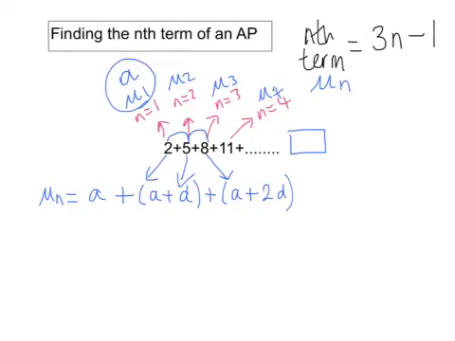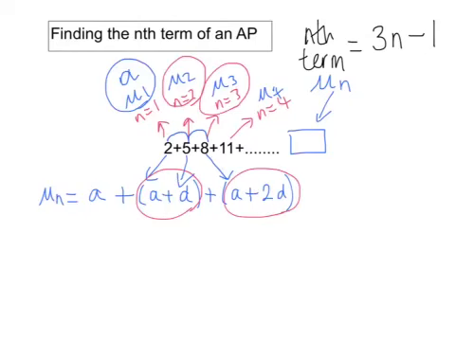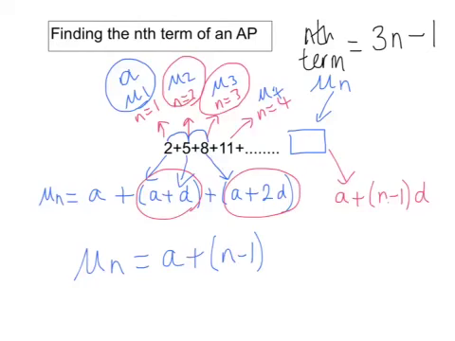So if I'm interested in this very last one, this nth term, if we have a look at the pattern, the first term is a, the second term is a plus d, the third term is a plus 2d, so the nth term must be a plus n minus 1 d. And that's the formula, u to the n equals a plus n minus 1 d.